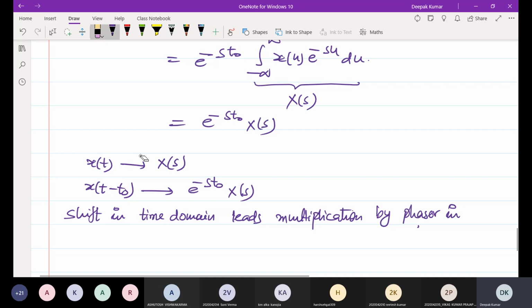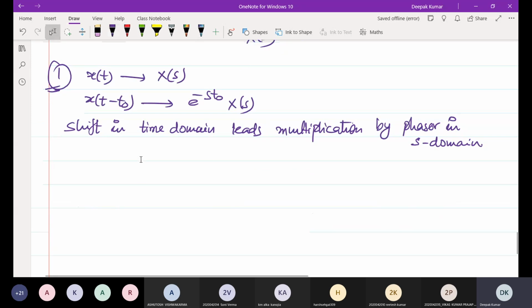This is called the time shift property of Laplace transform.